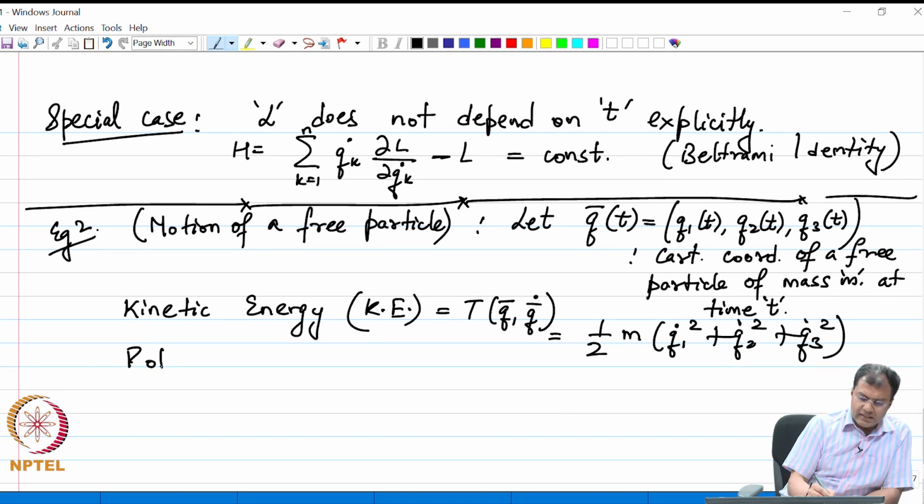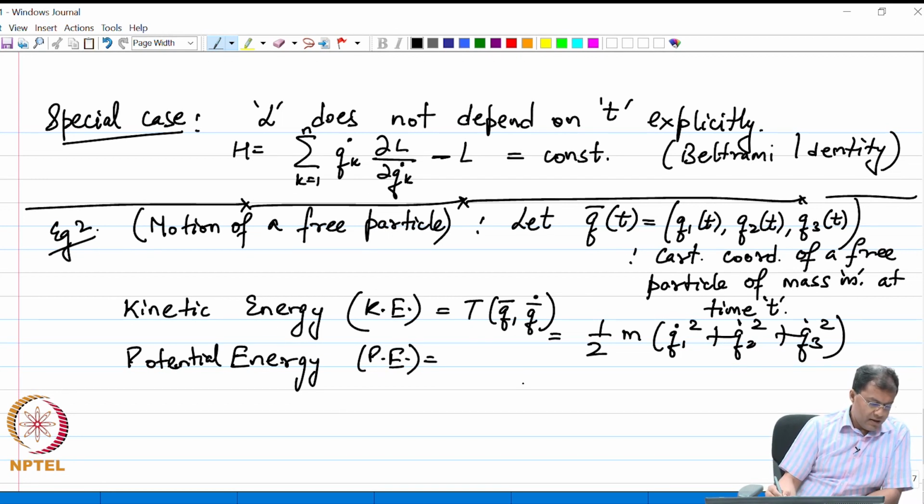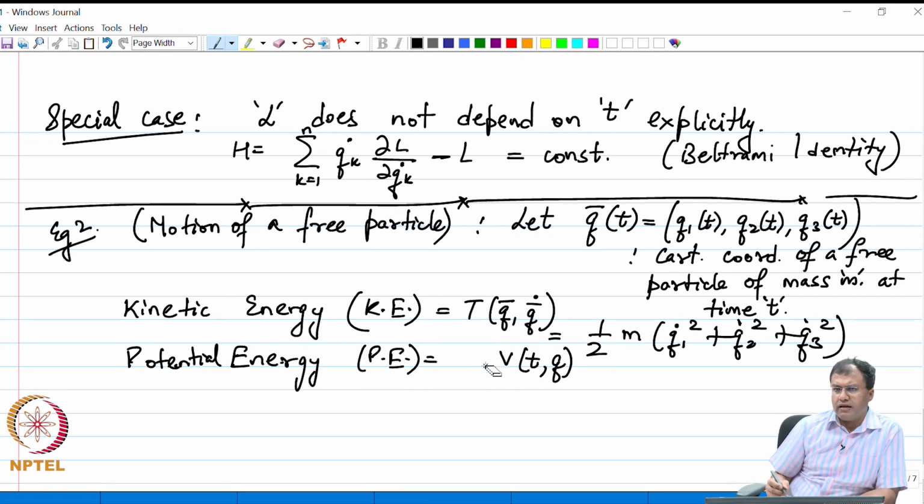Finally, the potential energy, denoted by the abbreviation P.E., we define it to be negative of V of t comma q, right. To begin with, let us say it is described with a positive sign.